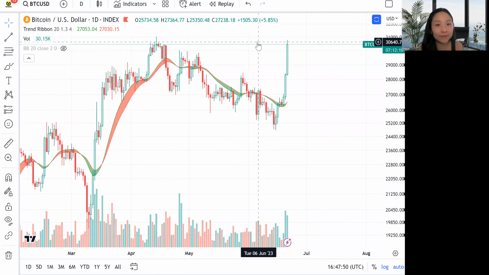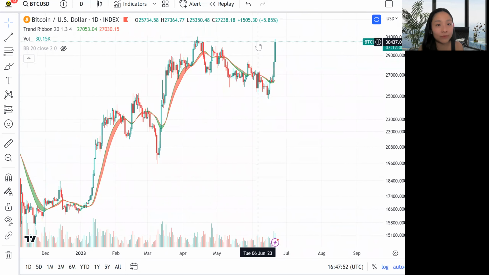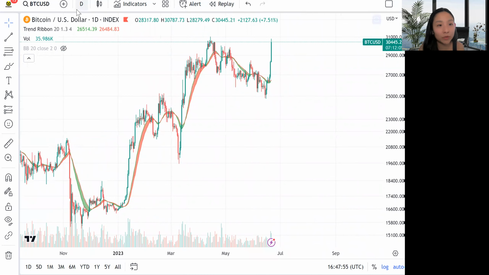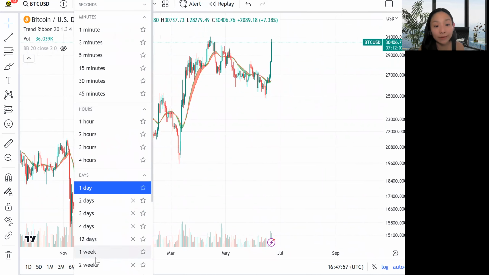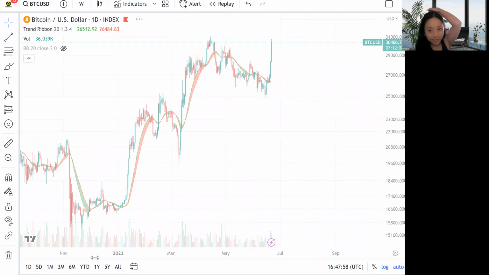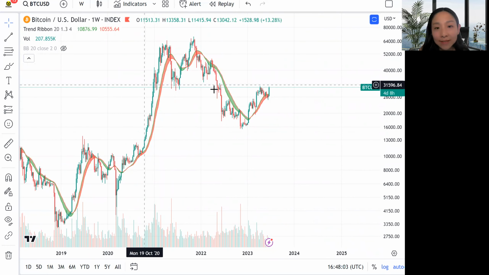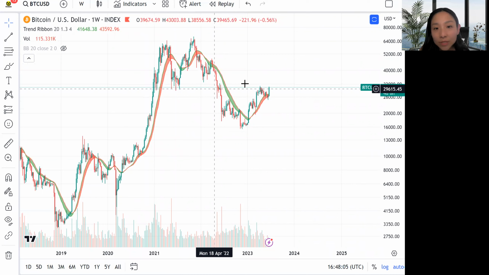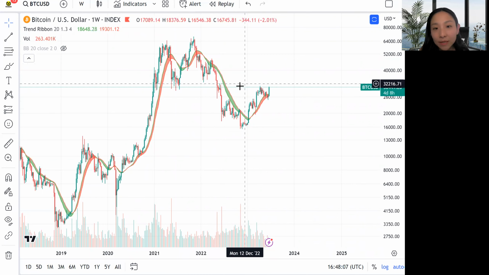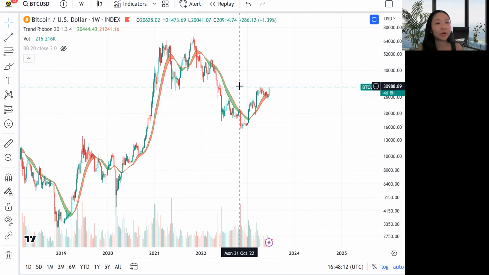We have the next resistance point around 30.6K. On the weekly chart, is our momentum very strong? We're just touching the resistance right now, still below this resistance point.